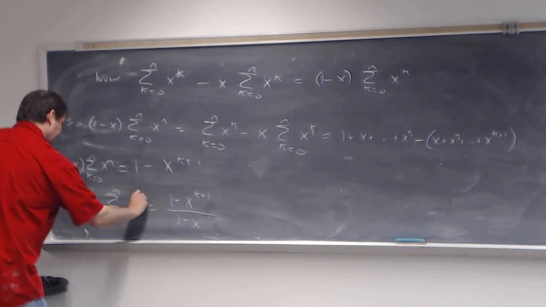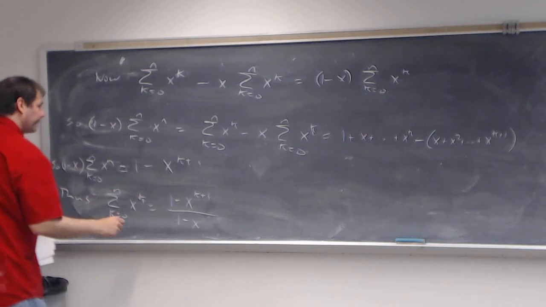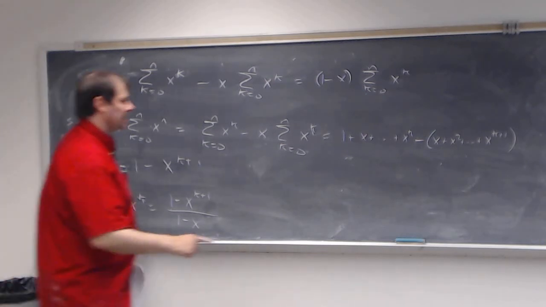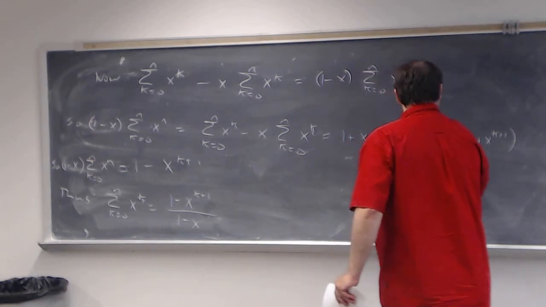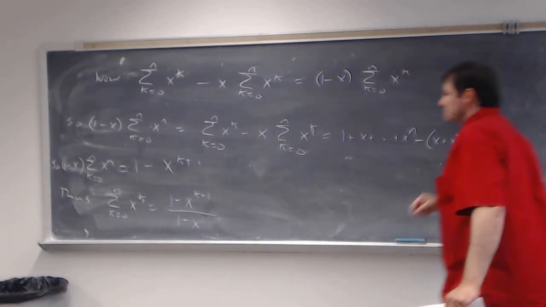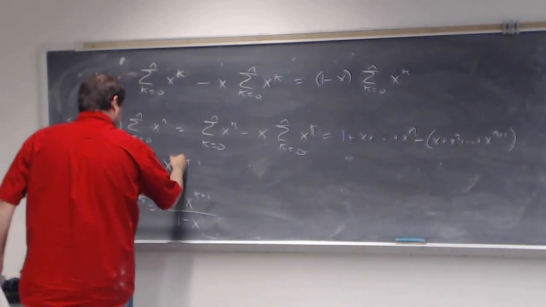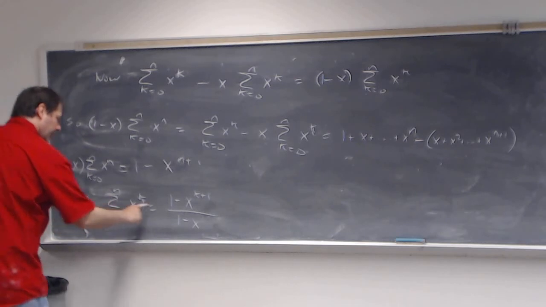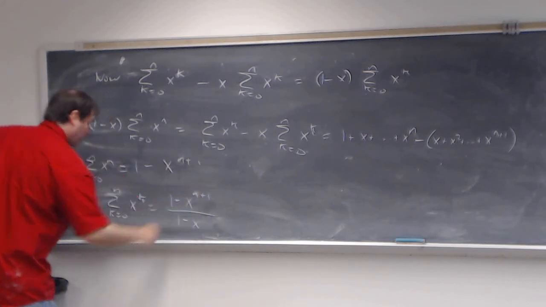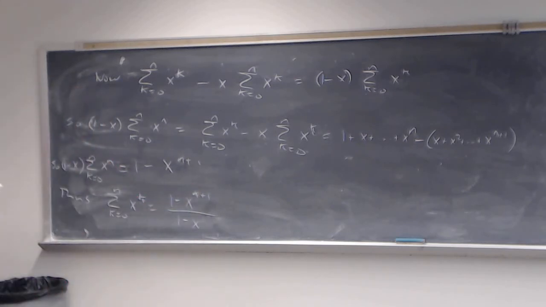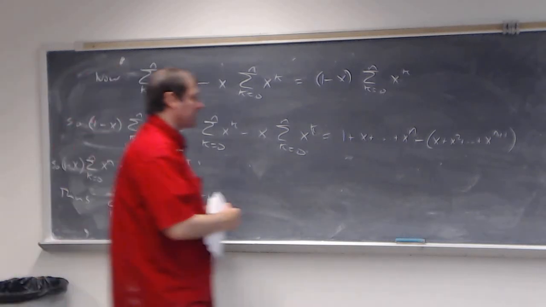I've made some mistakes here: this should be a k, this should be an n, and this should be an n plus 1, so let's make that change. Sorry about that. So that's the result we get.